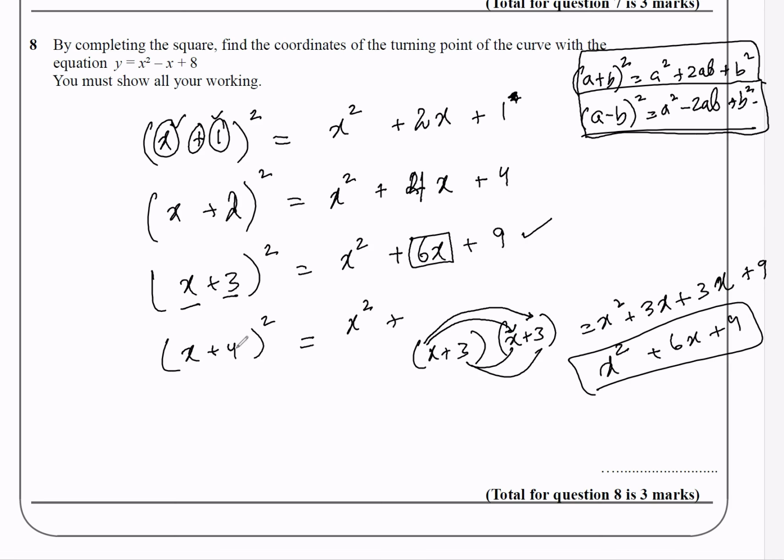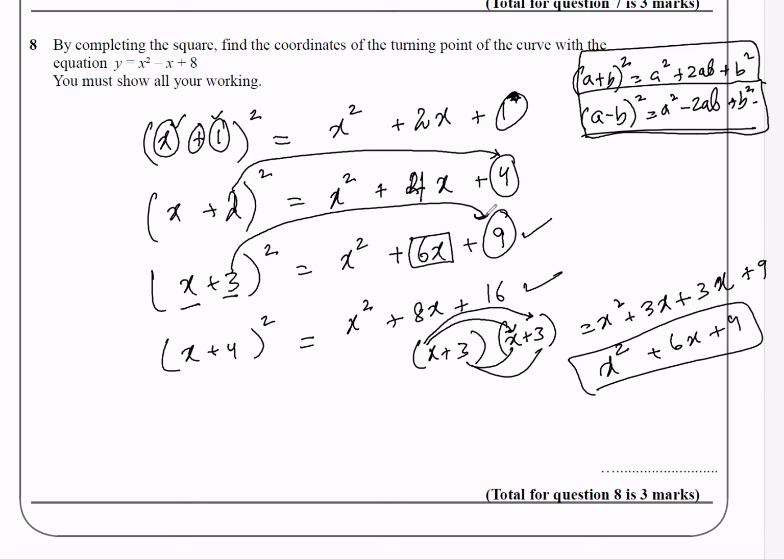Now x square, 2 times 4 is 8, 8x, plus 4 square is 16. So what we observed is, if something is a completed square, the square of this number is at the end, right? And one more thing we observed: if we divide this number by 2, we will get this number back.